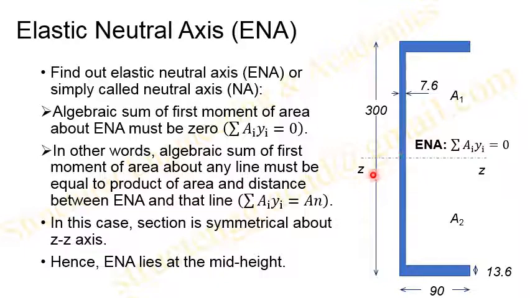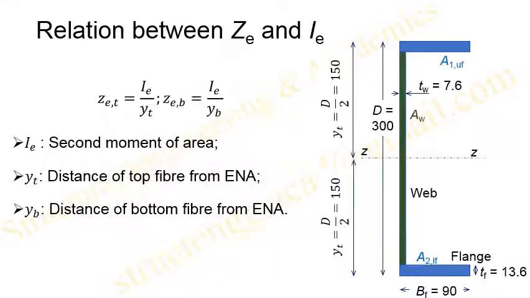In this case, when we are talking about the major axis, we can see that the section is symmetrical about ZZ, so the calculations are not needed. It is automatically the mid height that becomes ENA.